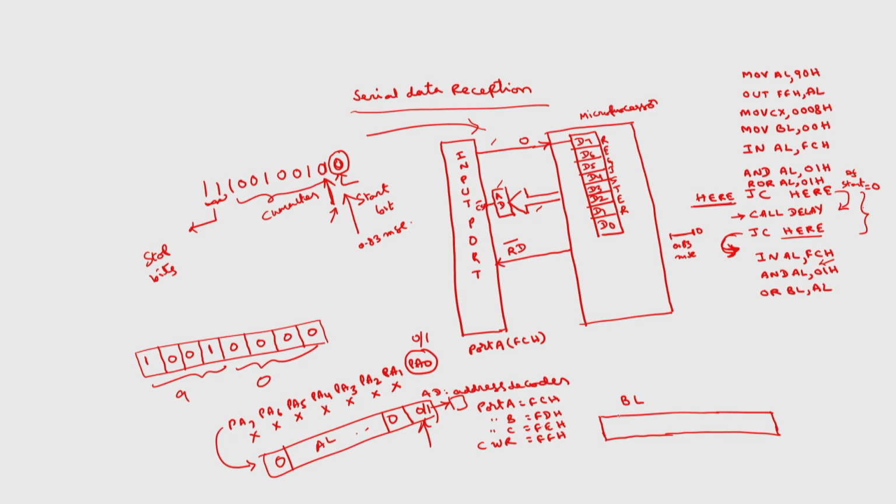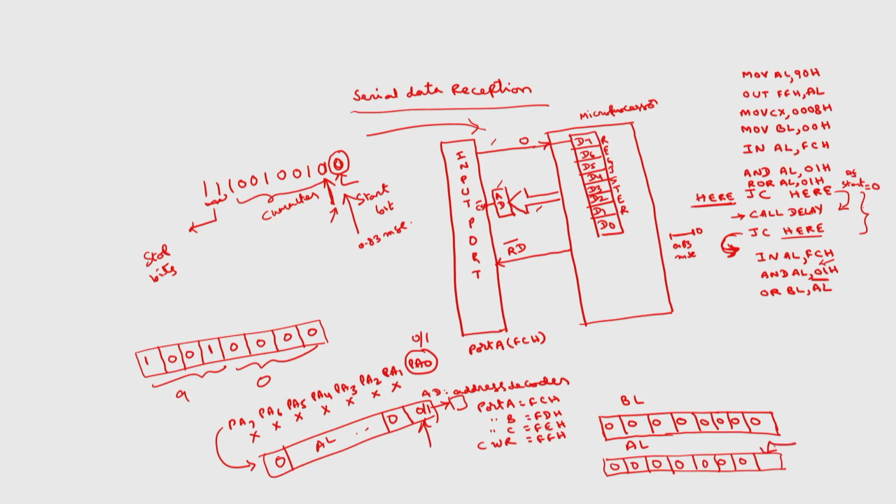So, in BL initially all bits were 0, 0 0 0 0 0 0 0 0. In AL we have the remaining bits all 0 except for this one, because I have done the ANDing operation with 01H. So, the first 7 bits become 0.